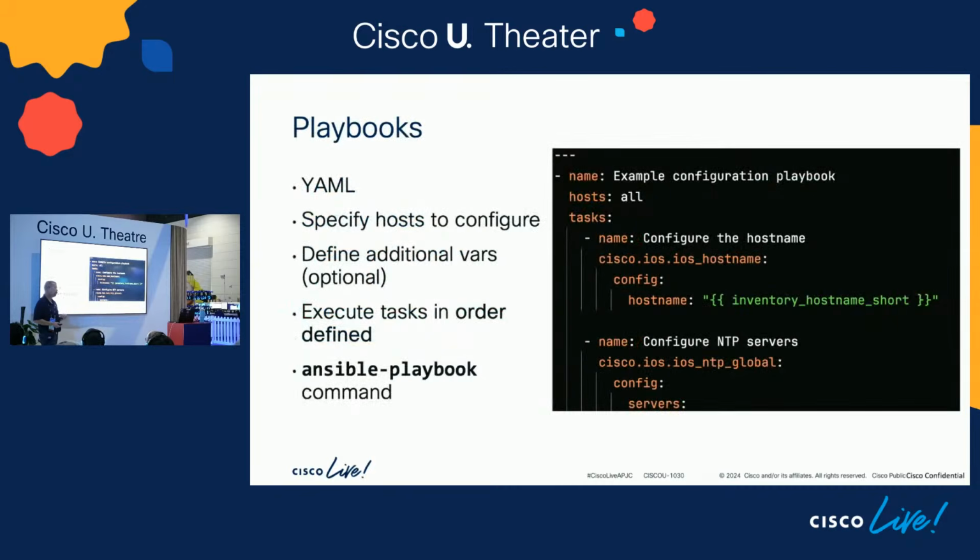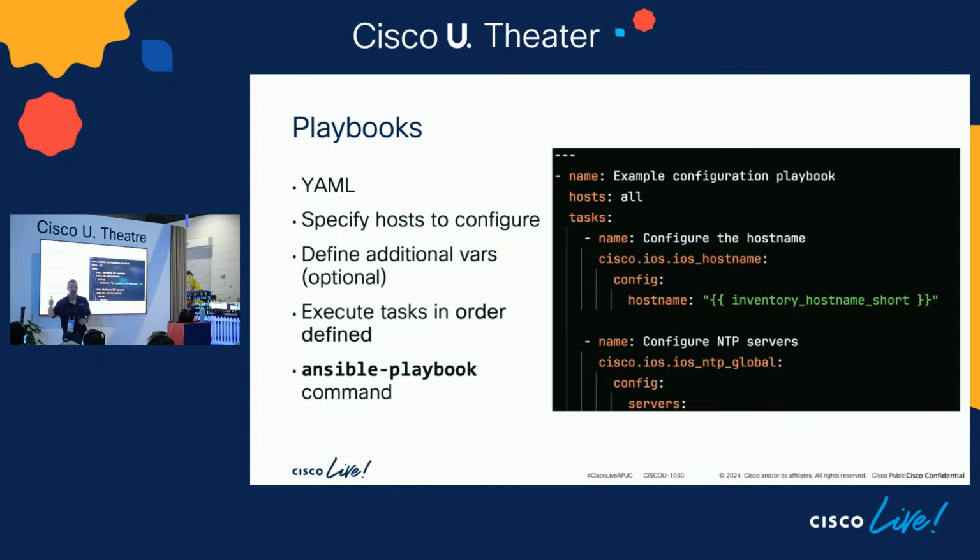Tying this together, we get into playbooks. So let's start off. This up here, think of this as the playbook header. Kind of like a packet header, this is like our playbook header. We have a list of tasks. Remember when I showed you that JSON to YAML comparison? This is where we're going with that. A playbook is nothing but a list of tasks to execute.